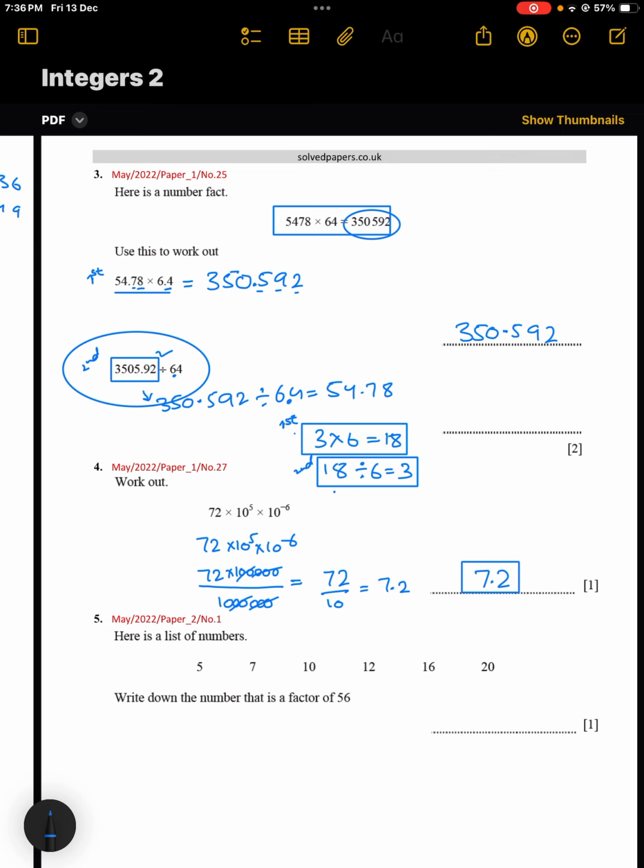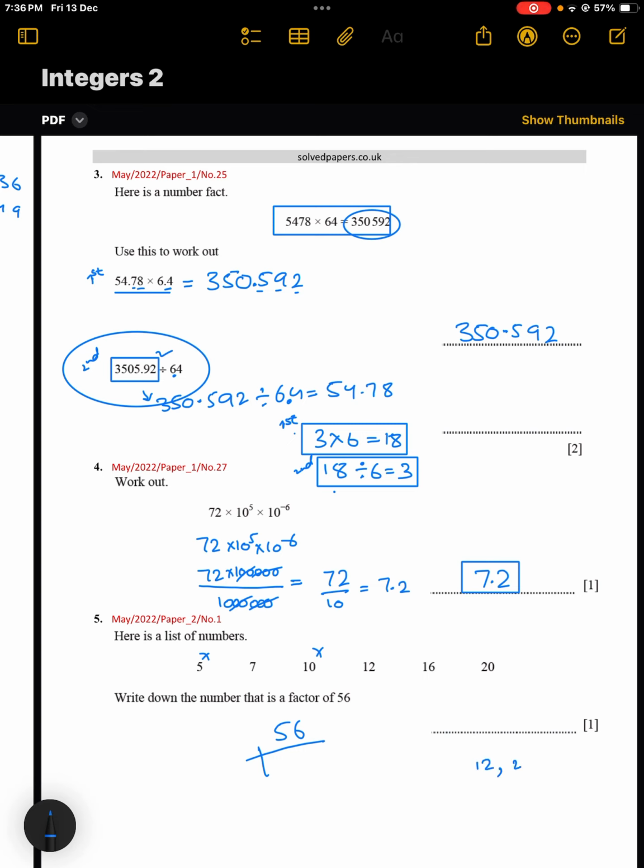Okay, moving to question number 5. Here is a list of numbers. Write down the number that is a factor of 56. So let's find the factor of 56 by this. 56 is not divisible by 5, so cancel. Not by 10, cancel. Not by 12, because 12 times 1 is 12.